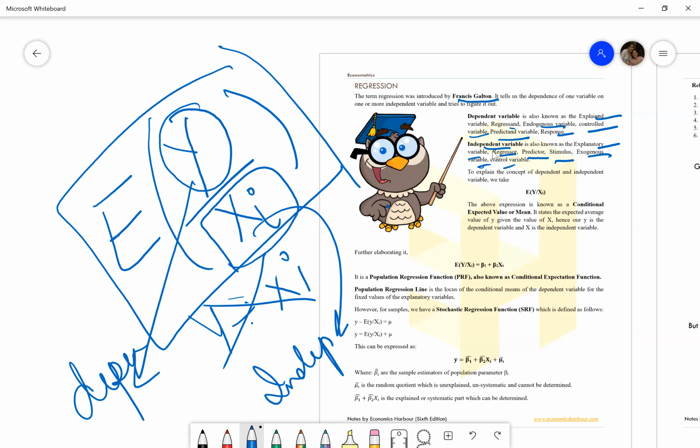So again, expected value of Y with respect to a given X. This is what it means. Expected value of Y given the value of X.